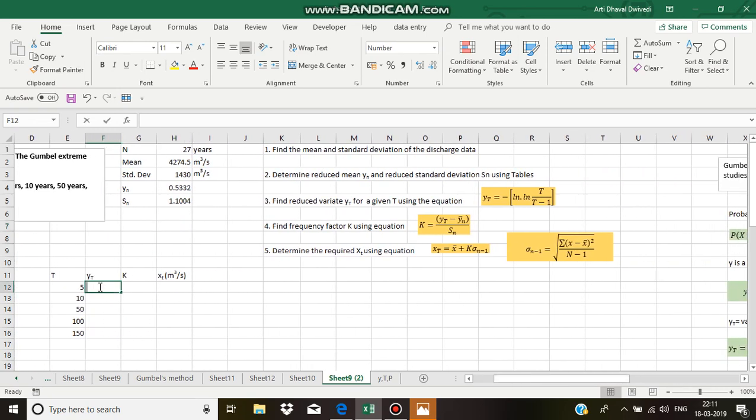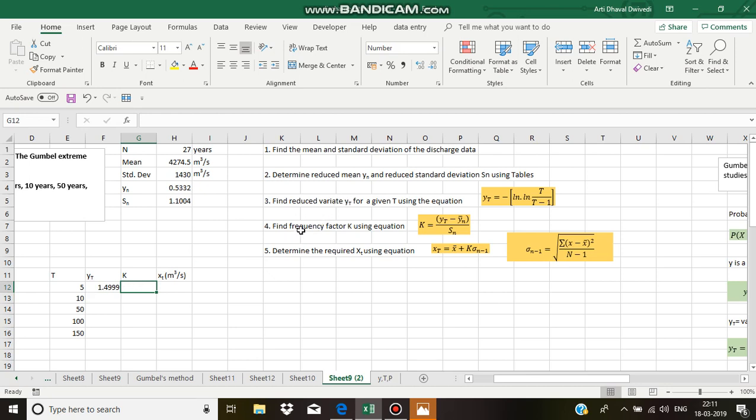So Yt is equal to minus ln, natural logarithm, bracket t, 5 divided by 5 minus 1. Okay, the value of Yt, reduced variate, has been obtained.